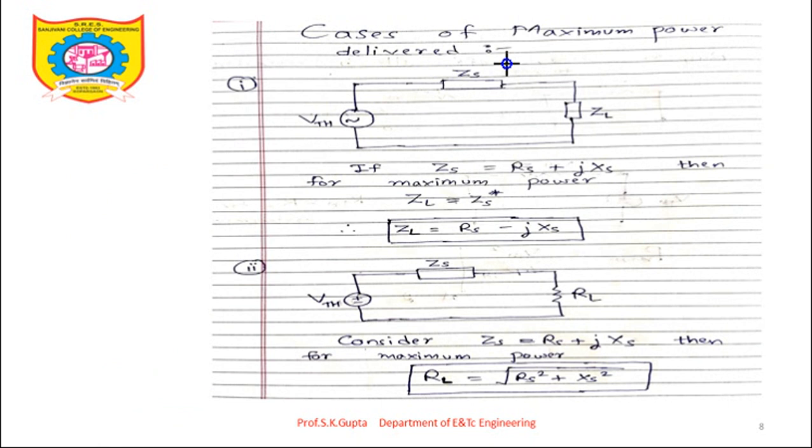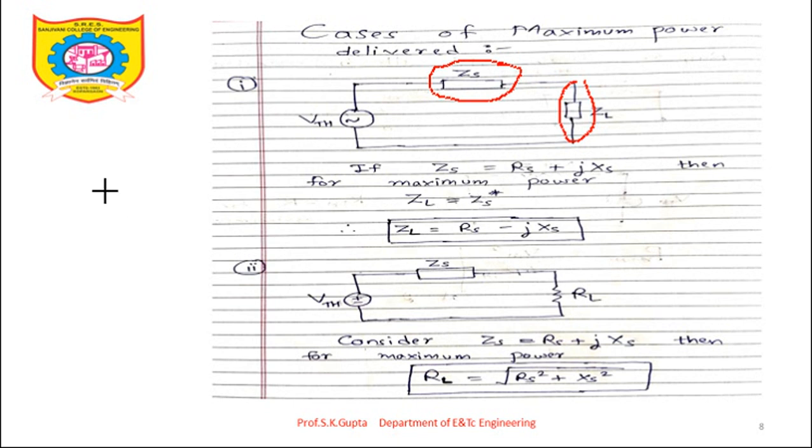Now suppose your load is complex. That means ZS can be resistor plus inductor or resistor plus capacitor. So your source is this and your load is also complex. So for maximum power transfer, this load ZL should be the complex conjugate of ZS.